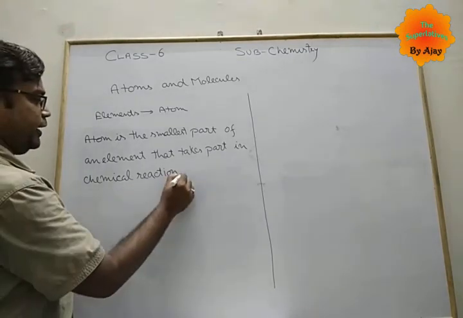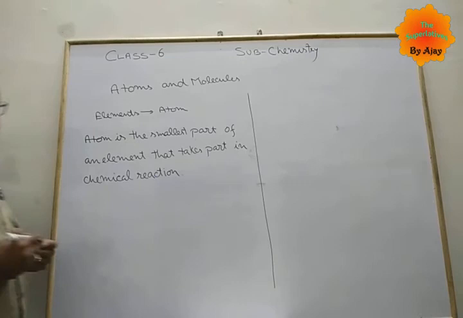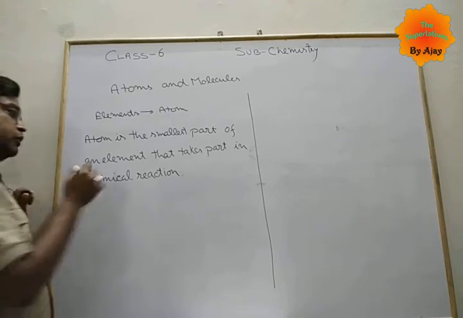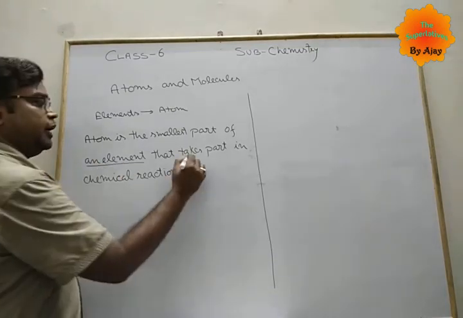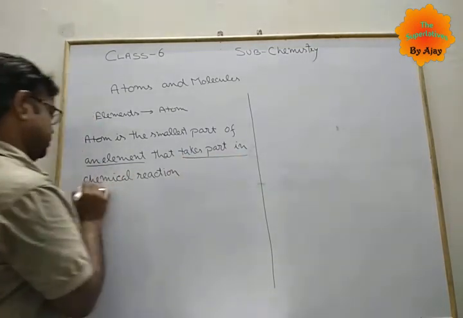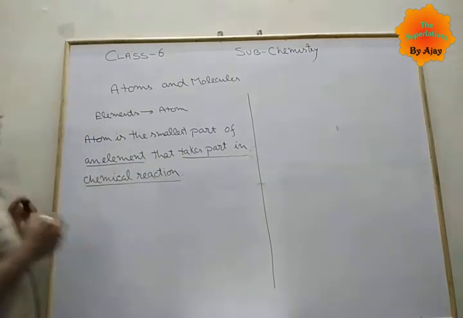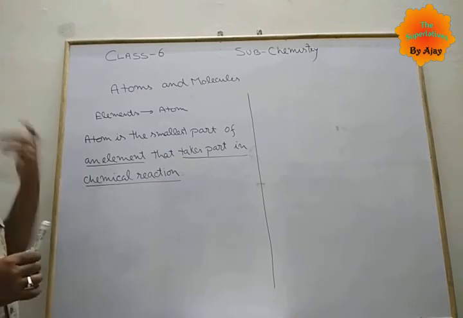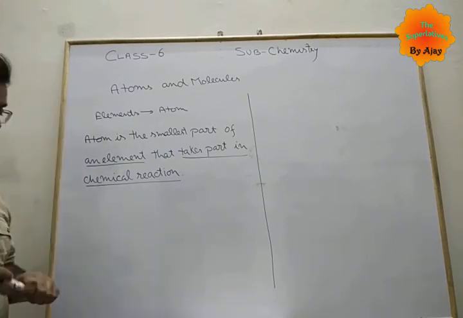For class 7, only this one; in 8 you have the new word, exist independently. So atom is the smallest part of an element that takes part in chemical reaction. These two are the keywords to remember. Otherwise, if you miss any one, your answer is wrong.